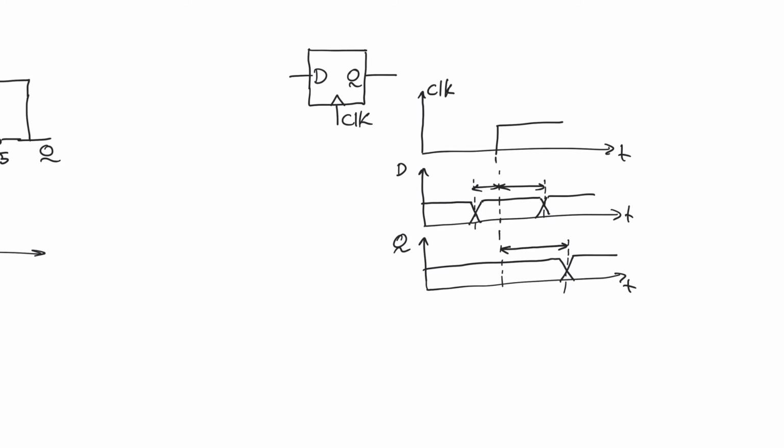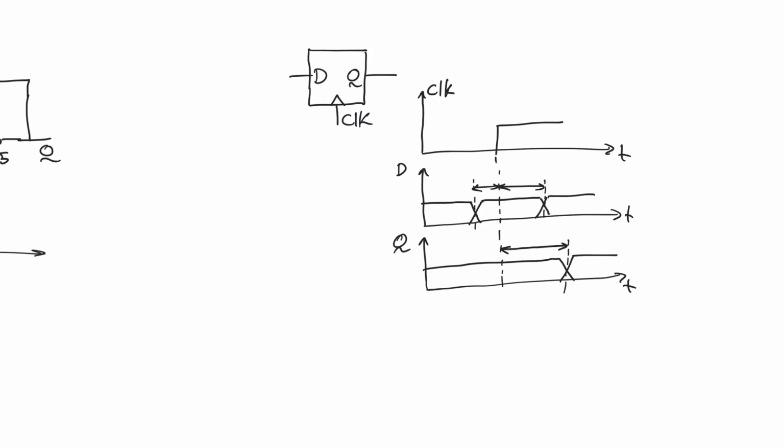And therefore, we defined it simply as the 50% point to the 50% point, and we found an expression for delay in a combinational circuit. In a sequential element, there are more than two signals. There's not just an input and an output. There's also a clock signal. So we have three signals, and we have to define delay in relation to these three signals.